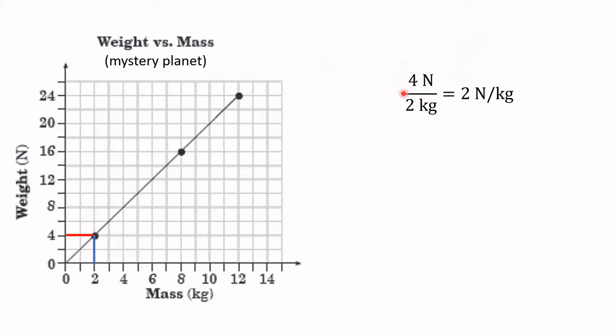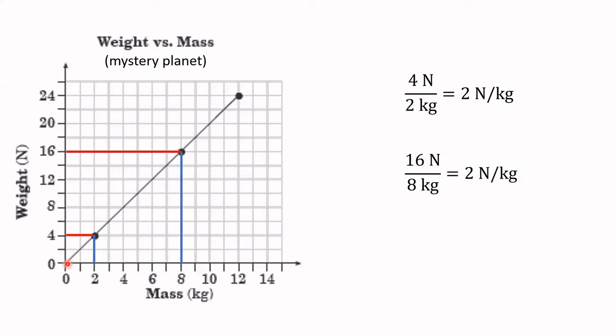And then the mass, 2 kilograms, that's the length of this segment, which you could call the run. So if you look at this hypotenuse here, I'm really looking at rise over run. Obviously, this distance is the same as the red segment. So 4 newtons over 2 kilograms is the rise over the run. That's the slope. So perhaps the slope here tells us the strength of the G field on this mystery planet.